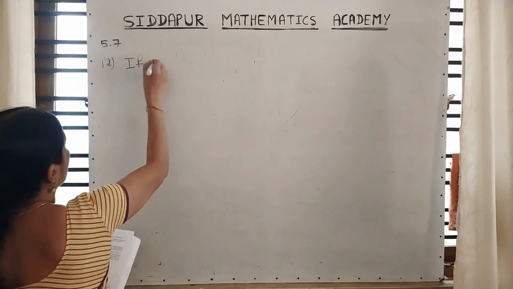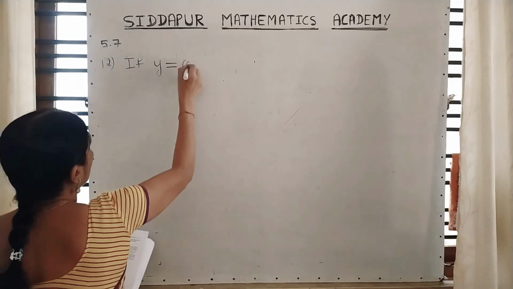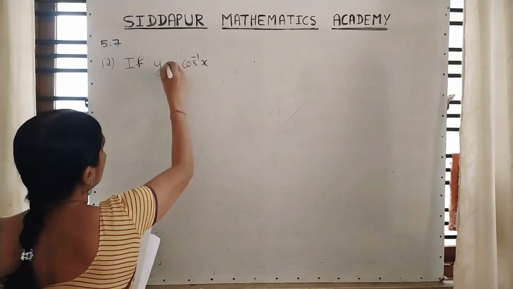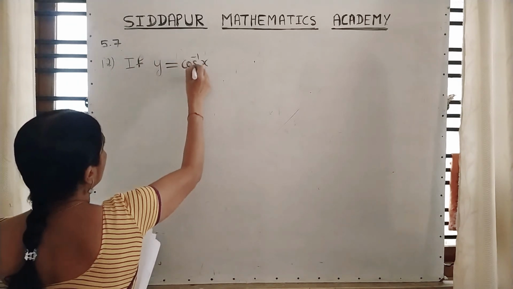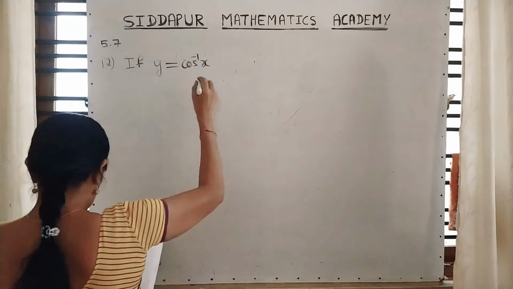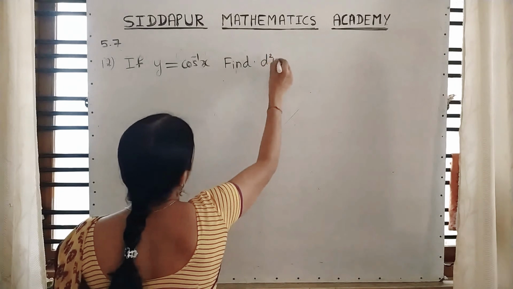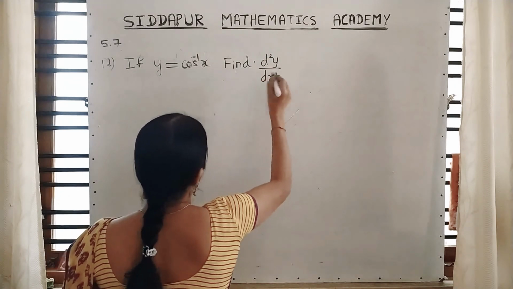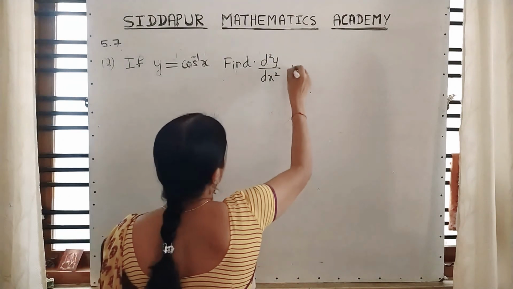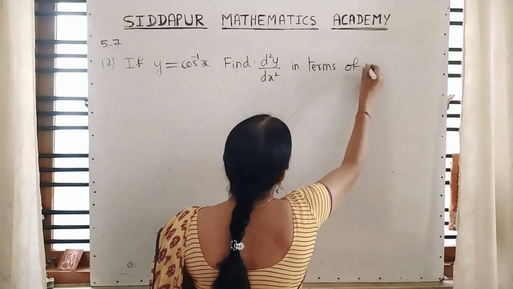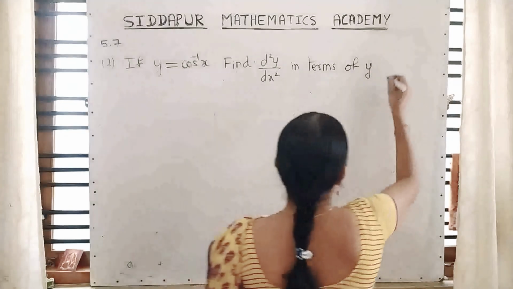If y is equal to cos inverse x, find d square y upon dx square, that means second derivative, in terms of y alone.